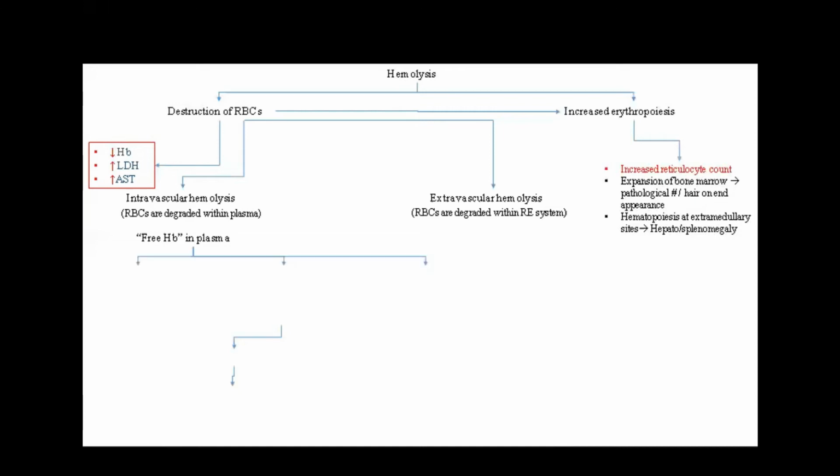So there can be three fates of this free hemoglobin. This free hemoglobin binds to something known as haptoglobin. Haptoglobin is a binding protein synthesized by the liver. So hemoglobin will bind with haptoglobin, forming a hemoglobin-haptoglobin complex.